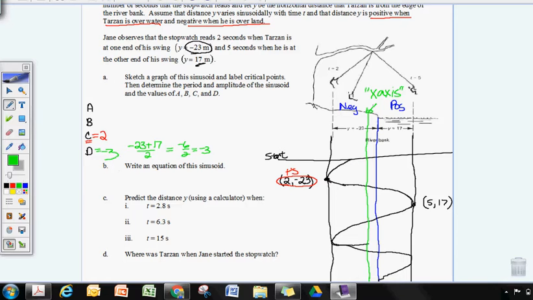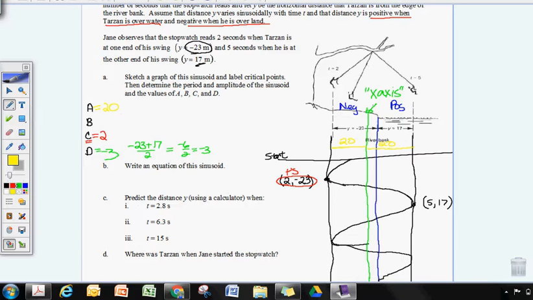Okay, so I've got my C and my D. Now that I know that C and D, that axis, how far is it this way and how far is it this way? If this is -3, can you see that this would be 20 units? And -3 and +17, this would be 20 units. So can you see that my A value would be 20 units?